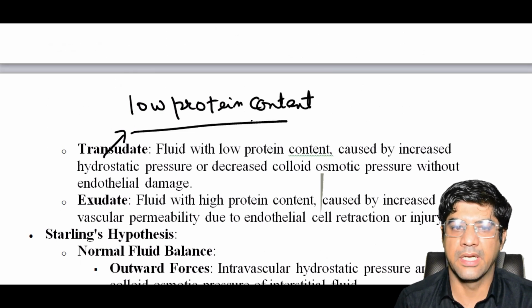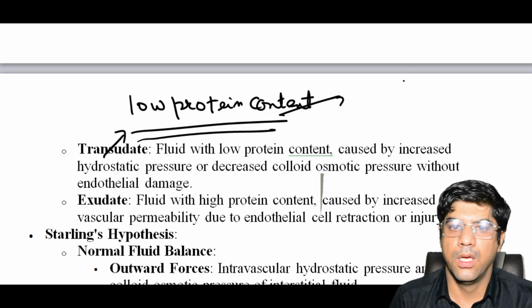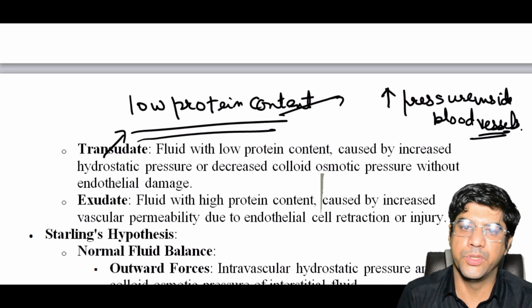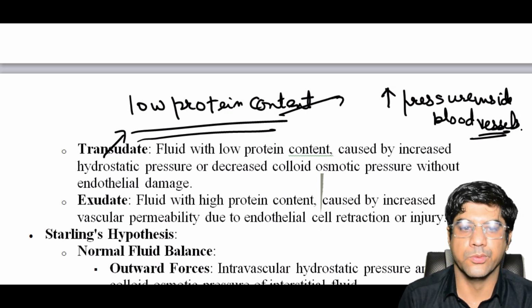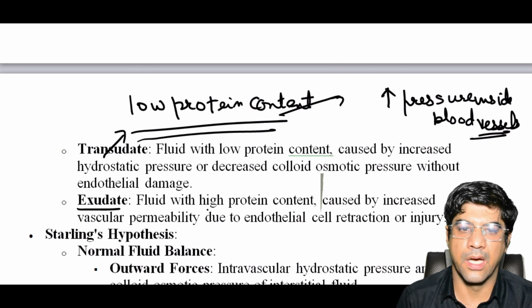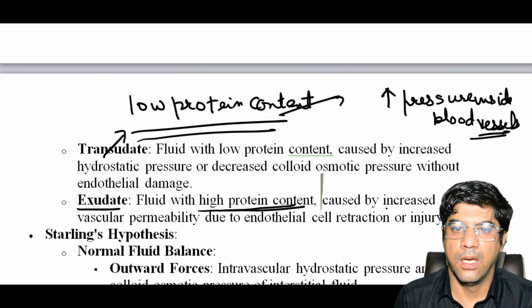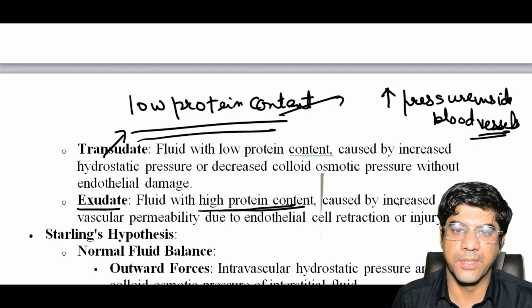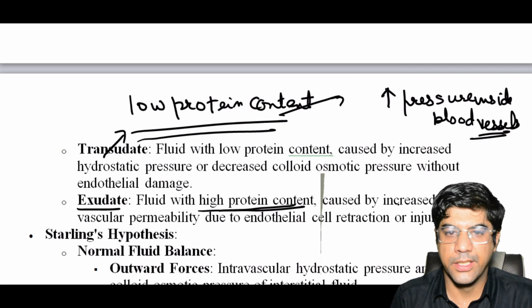It comes from the increased pressure inside the blood vessels, the hydrostatic pressure, that is pushing the fluid into the tissues. The other is exudate. This fluid has a higher protein content and is caused by the increased permeability of the blood vessels that allows protein and other substances to leak into the tissues.